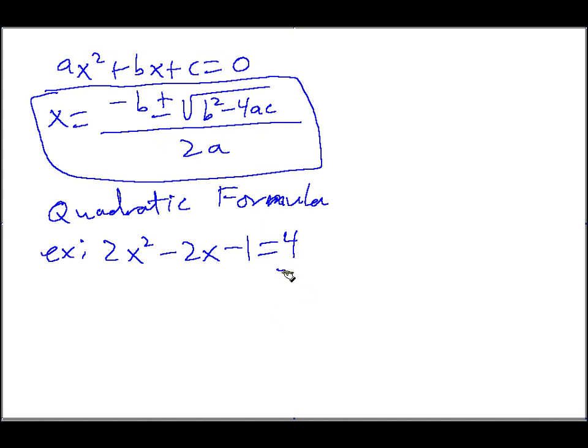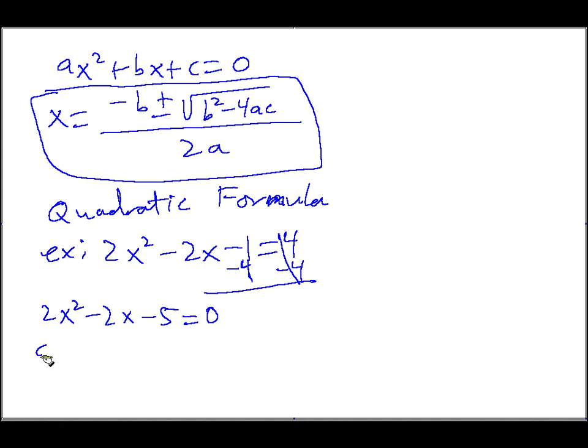So let's subtract 4 on both sides to get it in this format. It's going to be 2x squared minus 2x minus 5 equal to 0. Negative 1 minus 4, sorry about that. You with me on that? Now, is this in the form I want? Yes, it is, because I have 0 on the right-hand side, and I have my a, b, and c.